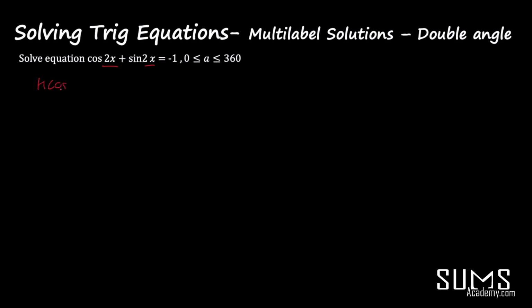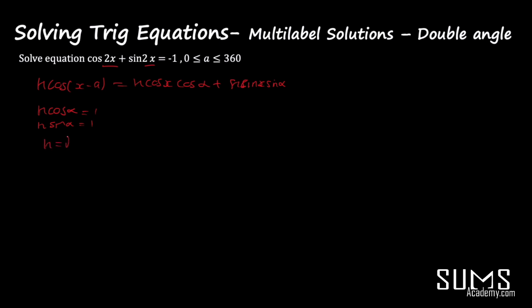So I'm going to use k cos(x minus alpha) equals k cos x cos alpha plus k sine x sine alpha. Perfect. And then get my coefficients, k cos alpha and k sine alpha both equal to 1.